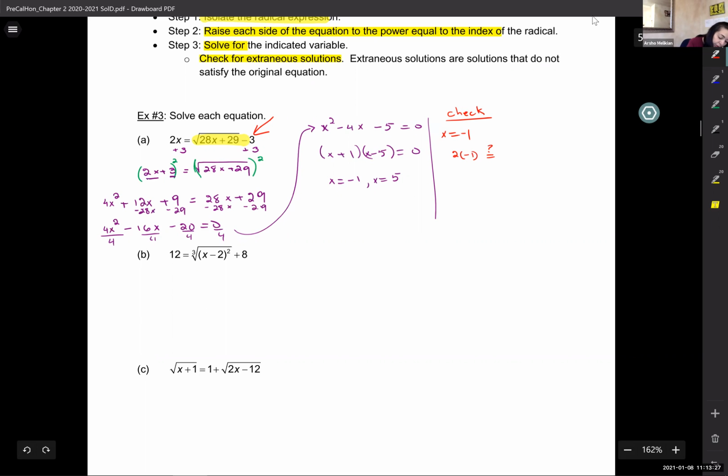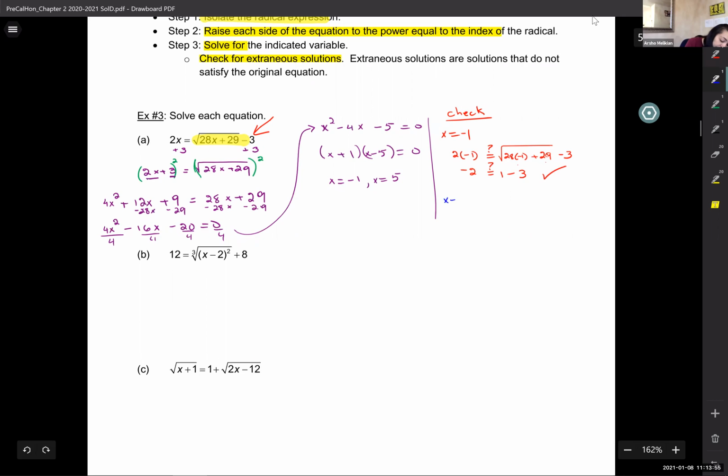Is this equal to the square root of 28 times negative 1 plus 29 minus 3? You want to make sure that the left and the right are equal. So here you have negative 2. Is that equal to, what do we get here? Negative 28 plus 29 is 1, minus 3. Yes, those are equal. It works.